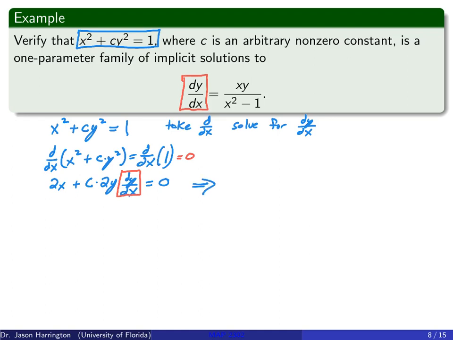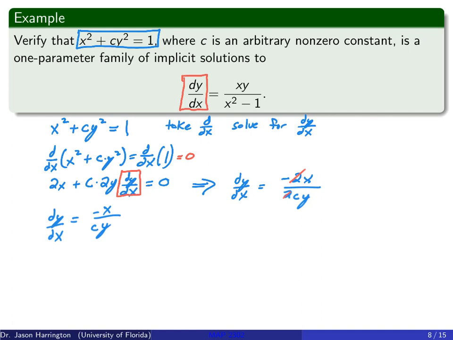I'm going to have dy over dx equal to negative 2x. So basically I'm just going to bring over the negative 2x to the right-hand side and then divide everything by 2cy. And you'll notice that the 2's cancel out. So now I'm left with dy over dx is equal to negative x divided by cy.